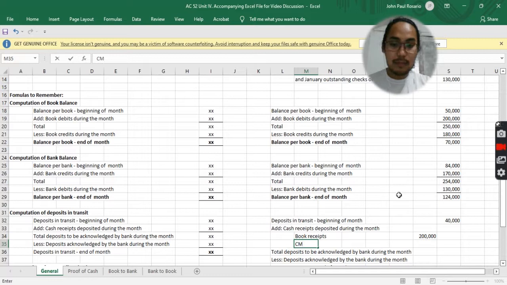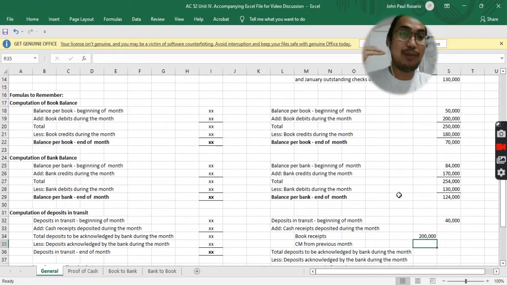Your credit memo from the previous month, or from January. Why is that? Because it does not involve you depositing anything or receiving anything for deposit. It was already credited in the bank, it did not pass through your books. So, we deduct here 15,000.